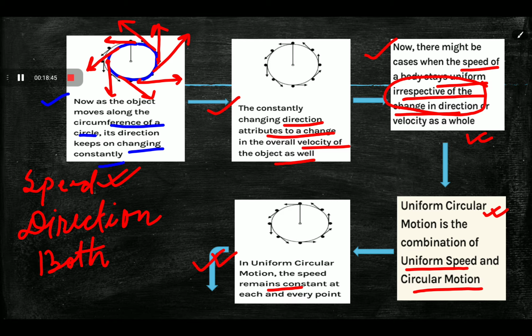As you can see in the image, if we consider this point, then at this point the speed is constant. Again at this point the speed is also constant. Again at this point the speed is constant. At this point the speed is again constant. So if the object moves in a circular path, then for uniform circular motion, the speed of the object at each and every point must be constant.